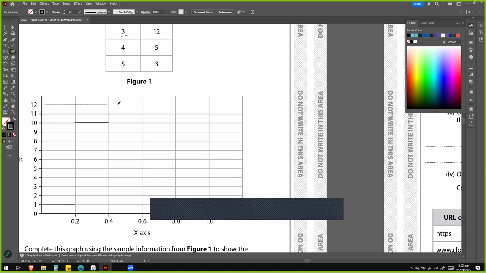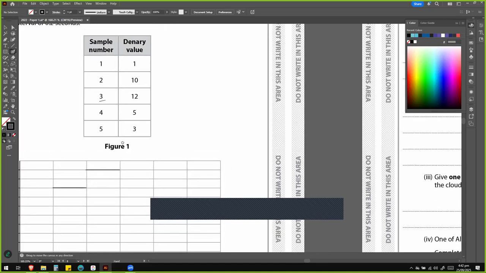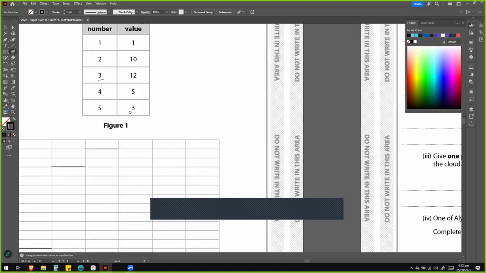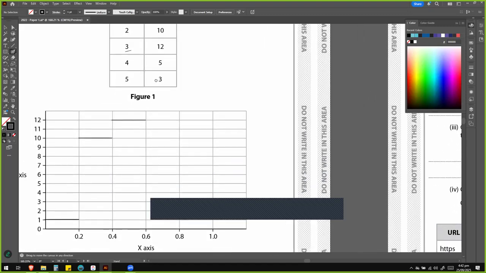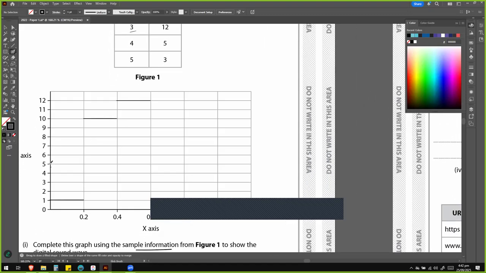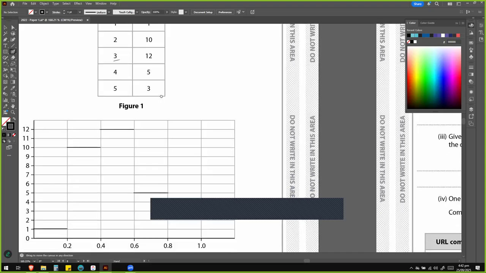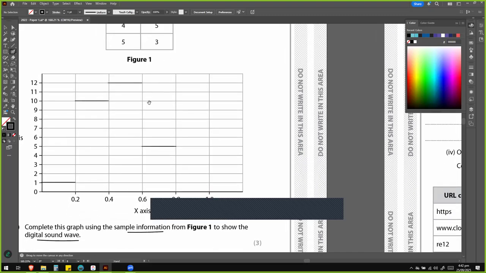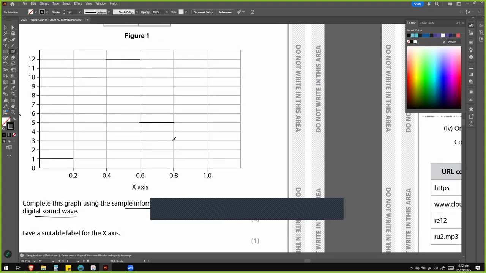So up till this point, we have 12. So I'm just going to do 12 right here. Then we have sample number 4 at 5. So 5's over here. Start from all the way there to a 5 right here. And then we have sample number 5, which is at 3.